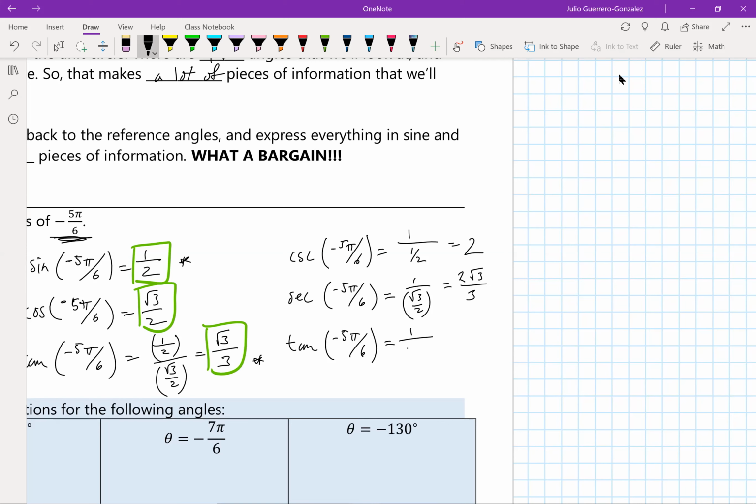Root 3 divided by 3, which is equal to, you do this right, root 3. And those are your 3 values.